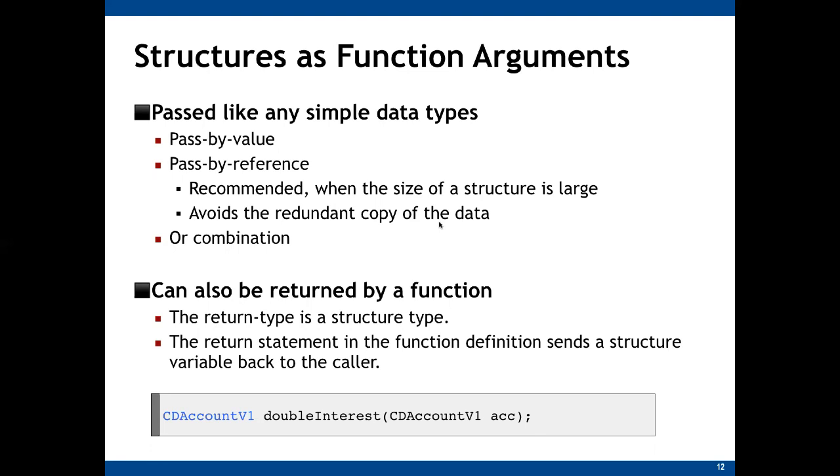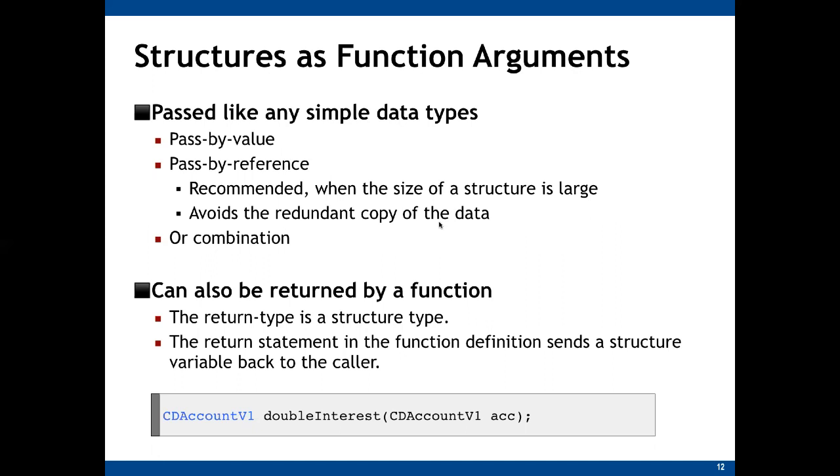Call by reference passes the memory address, as we learned in previous weeks, where the data is stored. So no data is redundantly copied if we use call by reference.